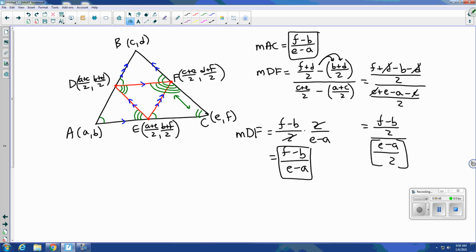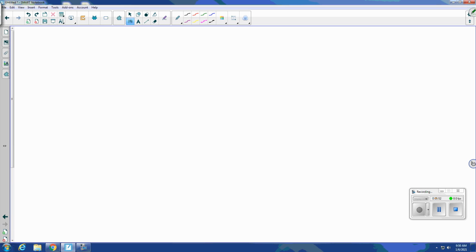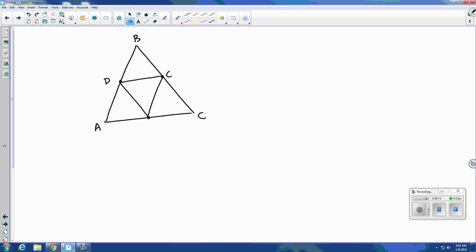Now, the other thing that's true about the mid-segment is the length in relation to the side it runs parallel to. So let's draw our diagram, looking at the length of DE in relation to AC.